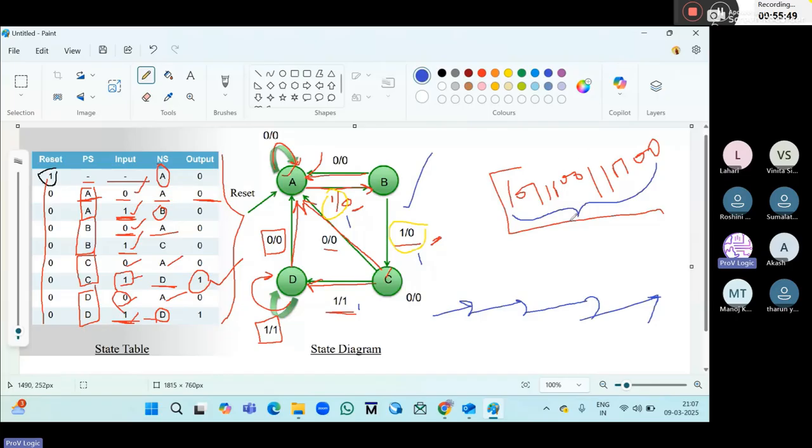To check that, you can give the same input sequence and take the screenshot. Tomorrow I will tell you how to write the program for the state diagram sequence detector. Take this same screenshot and tomorrow we'll write the program for this and check whether you get exactly this output or not.